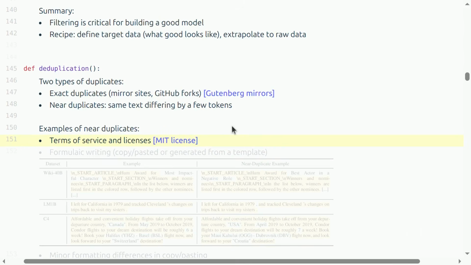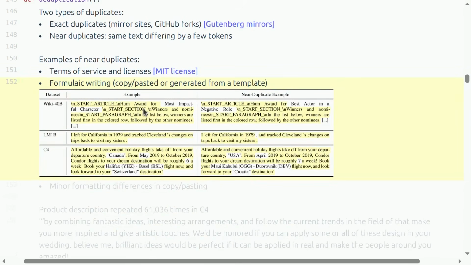And we talked about how a lot of websites have the same headers and footers. Those are also duplicates. There's also cases where, this is from LM1B, the 1 billion word benchmark, there are these articles where you just have typographic differences. Like there's one version with a comma and one version without a comma. I don't really know why, but that happens.